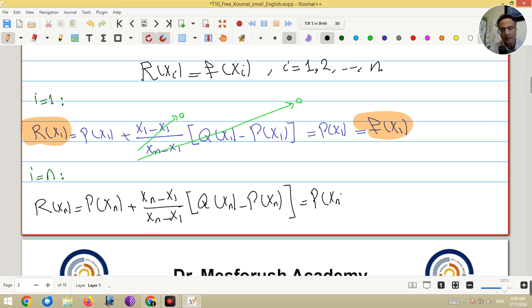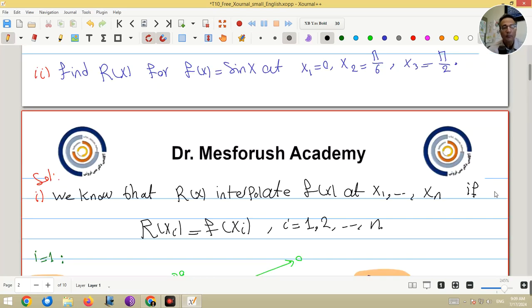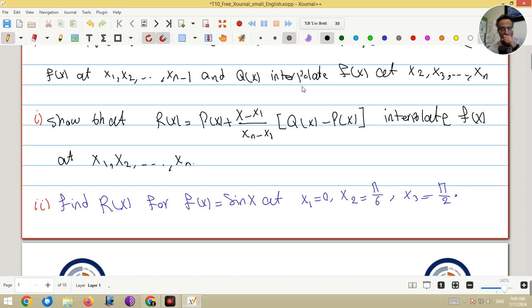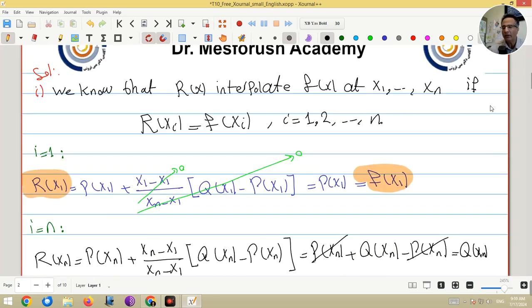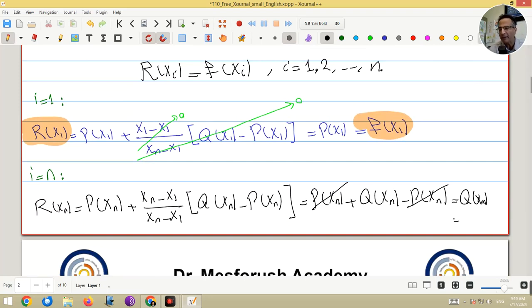So we get p at xn plus q at xn minus p at xn. These two terms cancel, and this is q at xn. But by the assumption we know that q interpolates f at x2 to xn. So this is equal to f at xn. So r at xn equals f at xn.